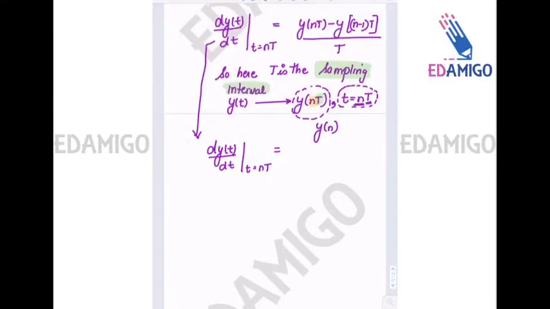So what is the variable here? n is the variable, T is a constant. That's why it is written as y(n), where n is an integer only. So this can be written as y(n) minus y(n minus 1) divided by capital T.